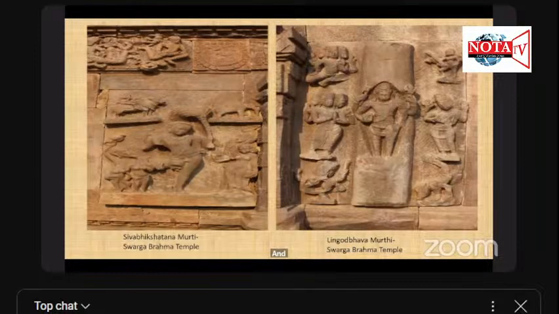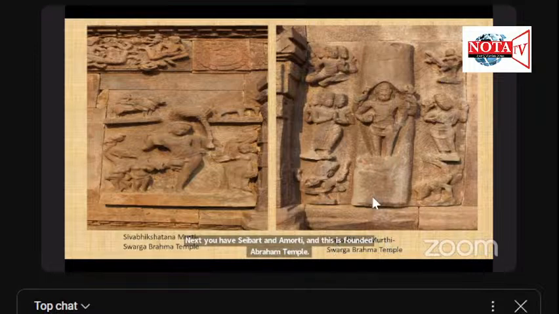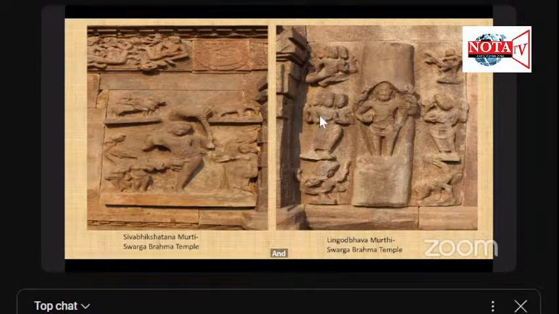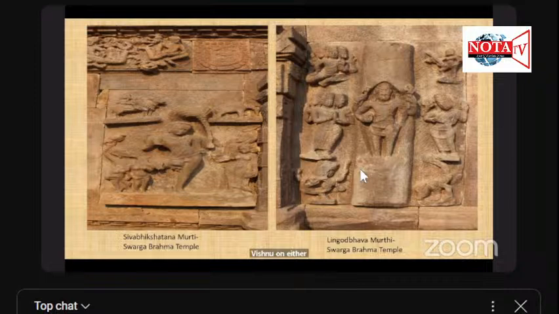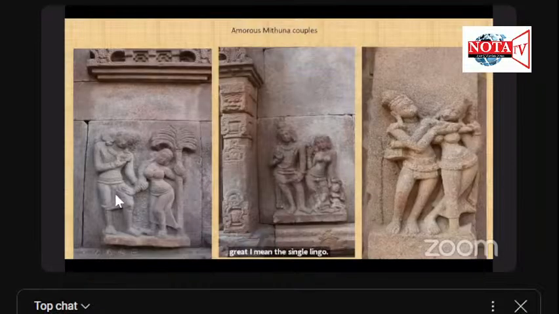Next you have Siva Bhikshatana Murti, and this is found at the Swarga Brahma temple. And Lingodbhava Murti, this is also on the Swarga Brahma temple. This is a very beautiful sculpture. You have Brahma and Vishnu on either side worshipping Shiva during this great Lingodbhava. And here, this is very interesting.